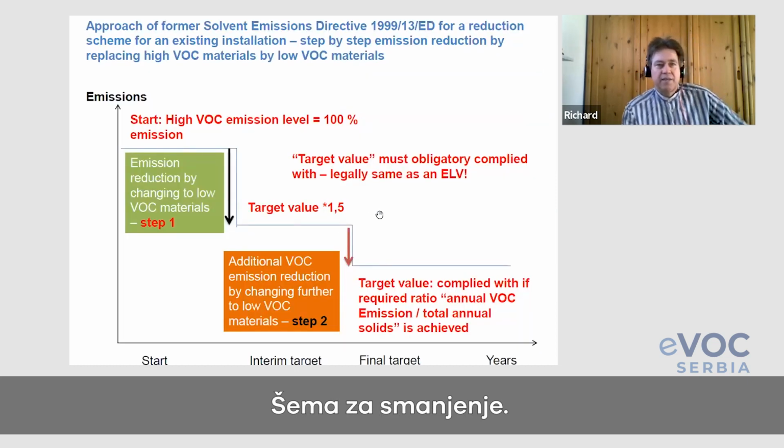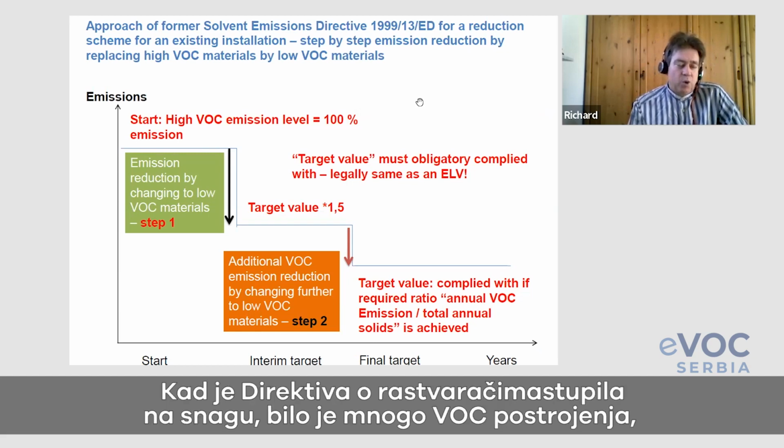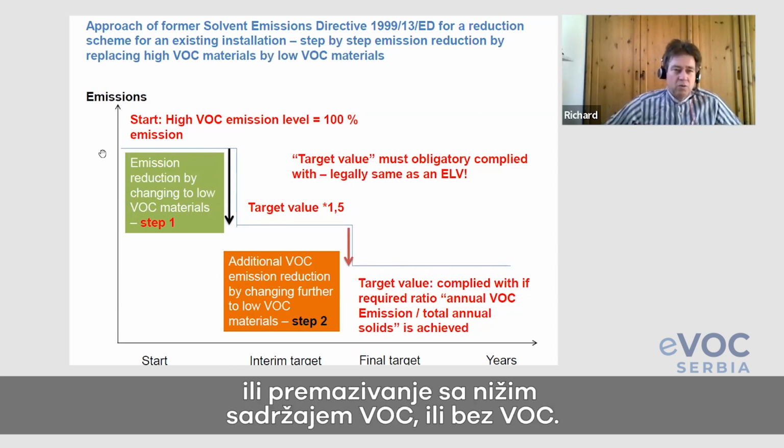The reduction scheme, maybe what is it as an alternative? So the idea was, when the solvent directive came on the market, there are a lot of existing installations. And now you have to start to reduce the amount of VOC emissions by the substitution with low or VOC-free coating or printing materials.